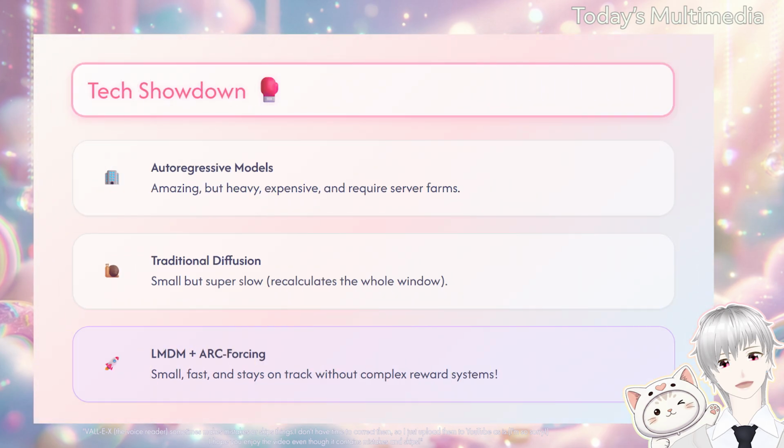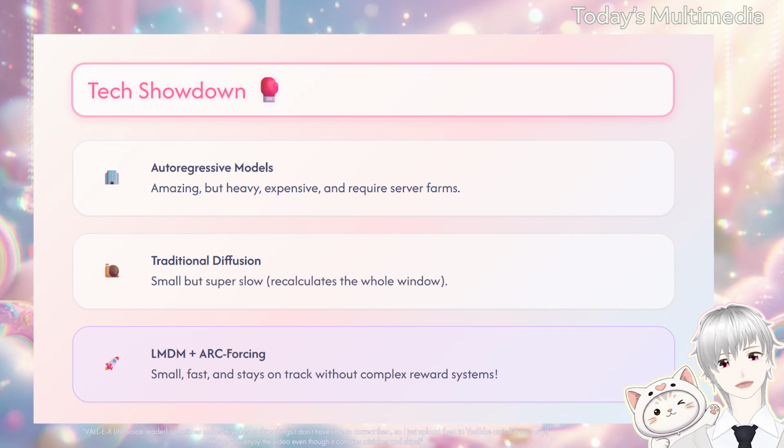Now, let us compare this to other technologies. Before this, if you wanted high-quality, text-controlled live music generation, you needed a massive server farm. The older autoregressive models, while amazing, are just too heavy and expensive. On the other hand, traditional diffusion models are small, but super slow, because they recalculate the whole context window over and over.